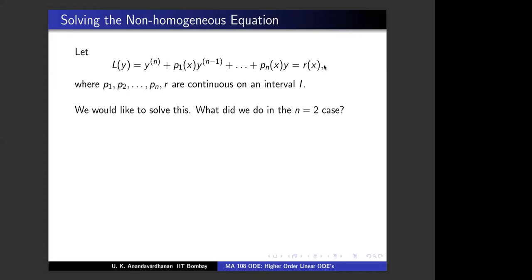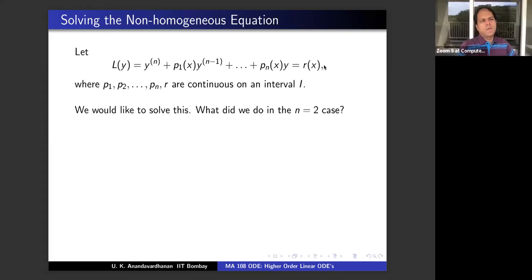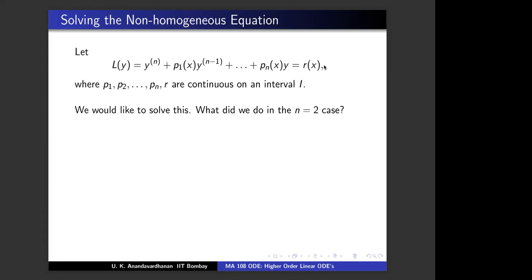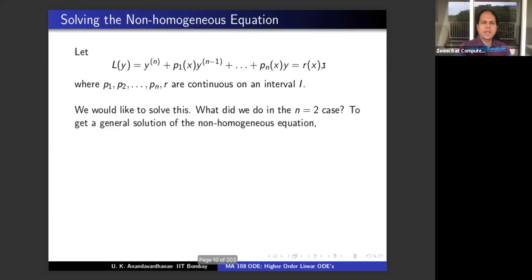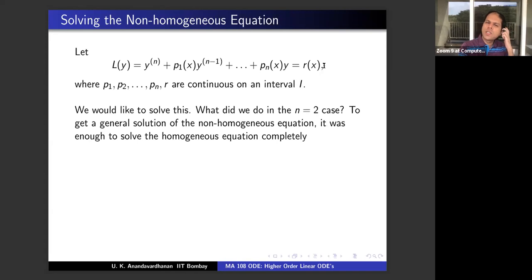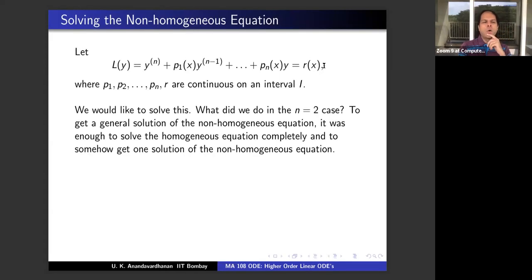The idea is to find the general solution for the homogeneous equation and find any one particular solution for the non-homogeneous equation, and then you have solved the non-homogeneous equation completely. To get a general solution of the non-homogeneous equation, it was enough to solve the homogeneous equation completely and somehow, which is where we have these methods, undetermined coefficients, variation of parameters, etc., get one solution of the non-homogeneous equation. What is the proof of this in n equal to 2?